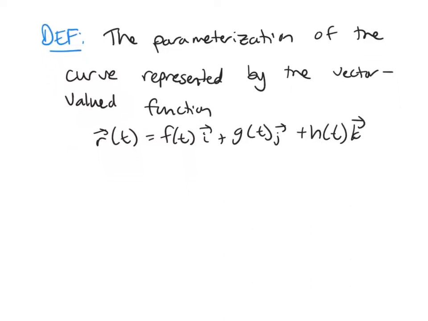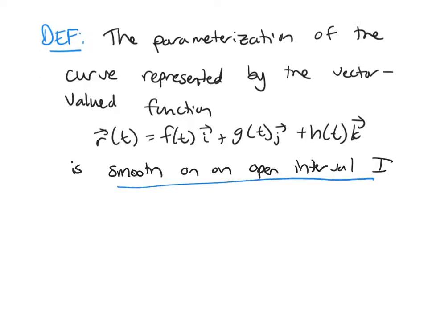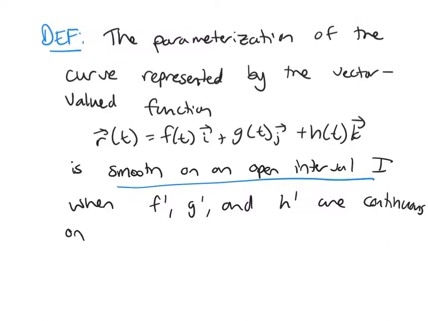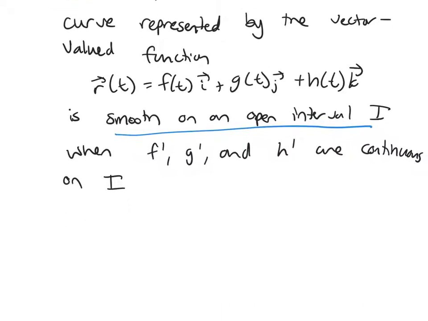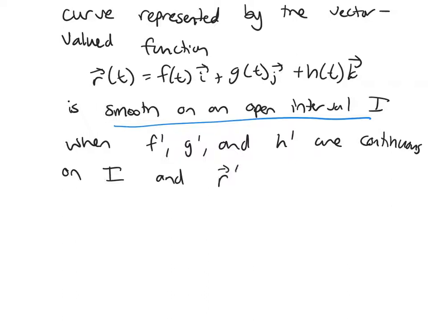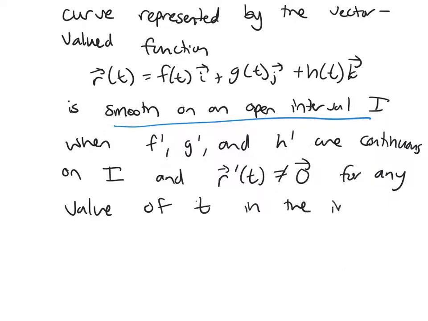We're going to say it's smooth on an open interval I when f prime, g prime, and h prime are continuous on I, and also r prime of t is not equal to the 0 vector for any value of t in the interval I. So all of your component functions have to be continuous on your interval, but more than that, your derivative can't be 0 as well.